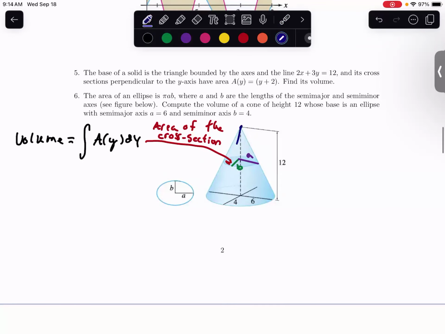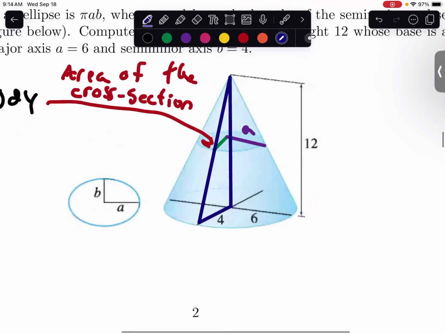So we have this triangle here, whose base is 4 and whose height is going to be 12. This is B.